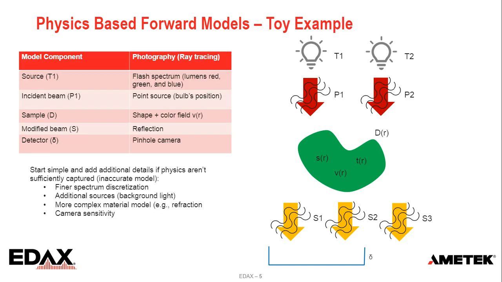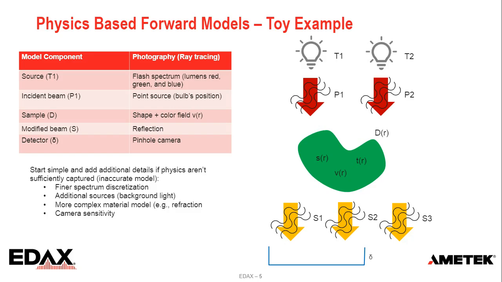Here's a little toy example for ray tracing, which is essentially a type of forward model. Your source is just a description of the illumination. Maybe you know that you want to light your scene with a red, green, blue LED set. You can describe their intensity.